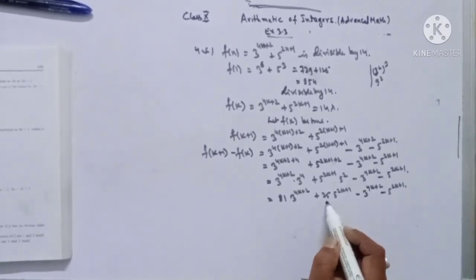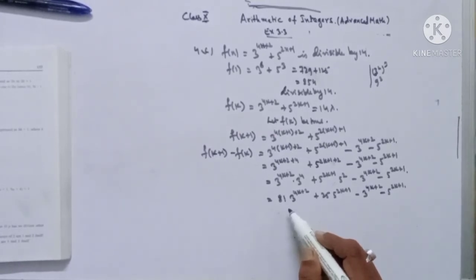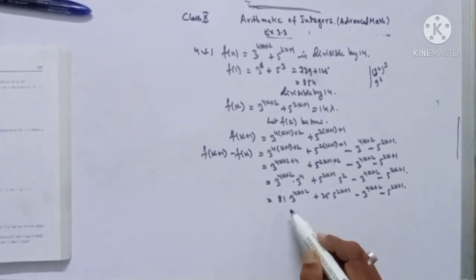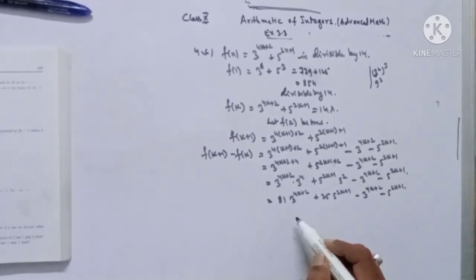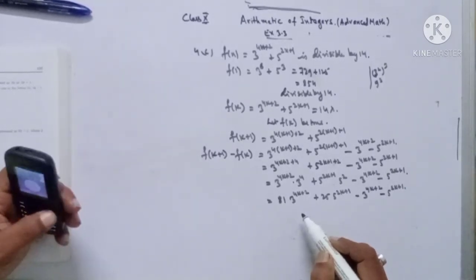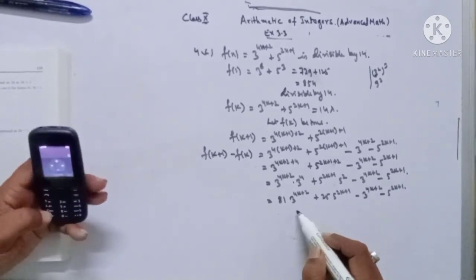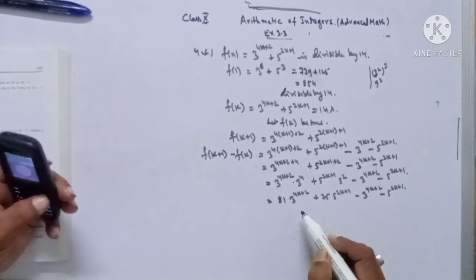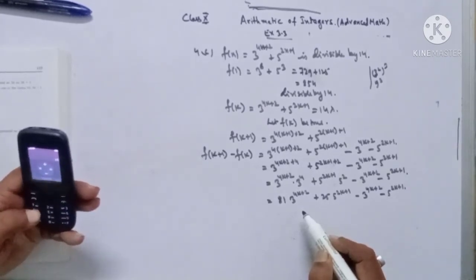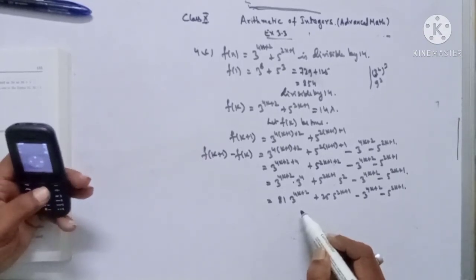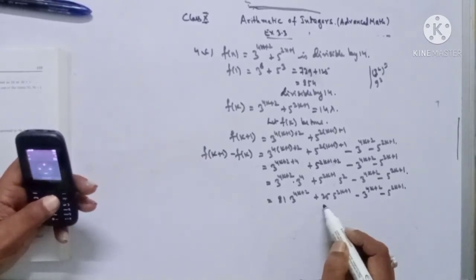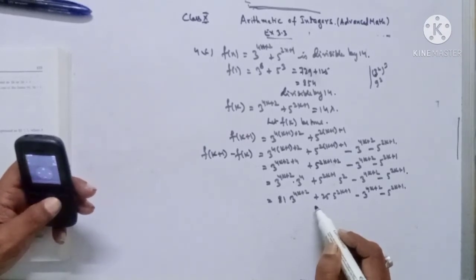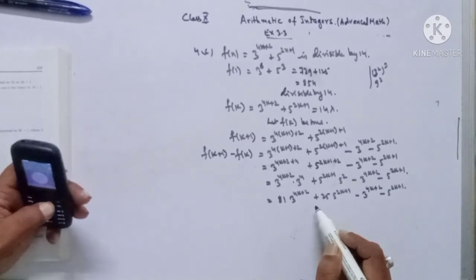That is 25 14 28 minus 2 and 81 14 4. 14 fours are 56, 14 fives are 70. So I have to make something divisible by 14. 14 into 5 will be 70, and 70 divided by 14.